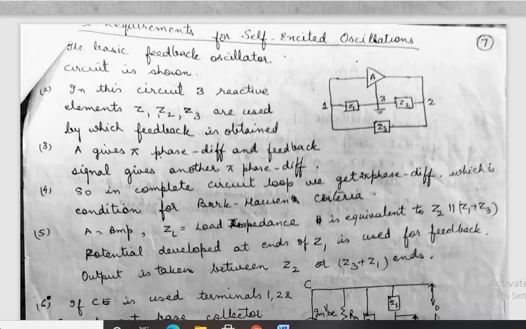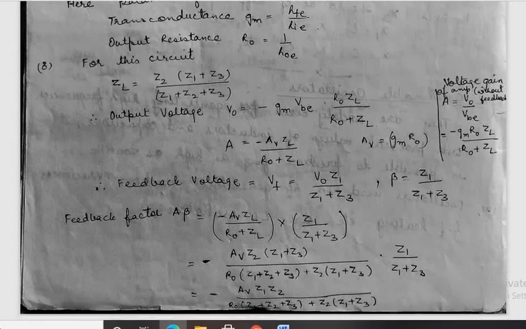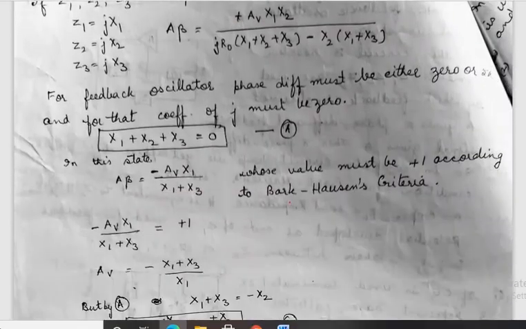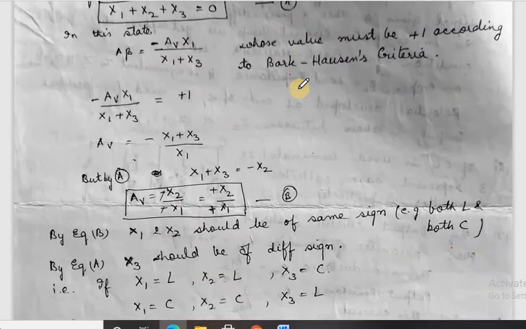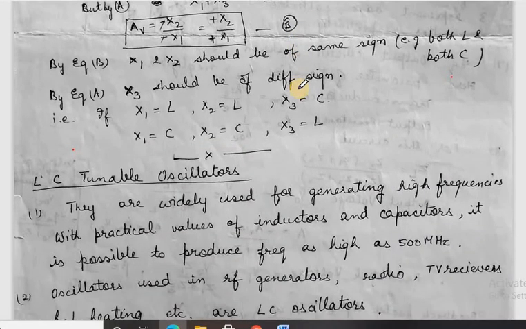So in the previous lecture we had discussed self-excited oscillations, the necessary condition that is required for self-excited oscillation, and in that we had seen that if we have three reactive elements as a feedback circuit, then in case of L and C, it is necessary that either 2L and 1C is used or 2C and 1L is used.